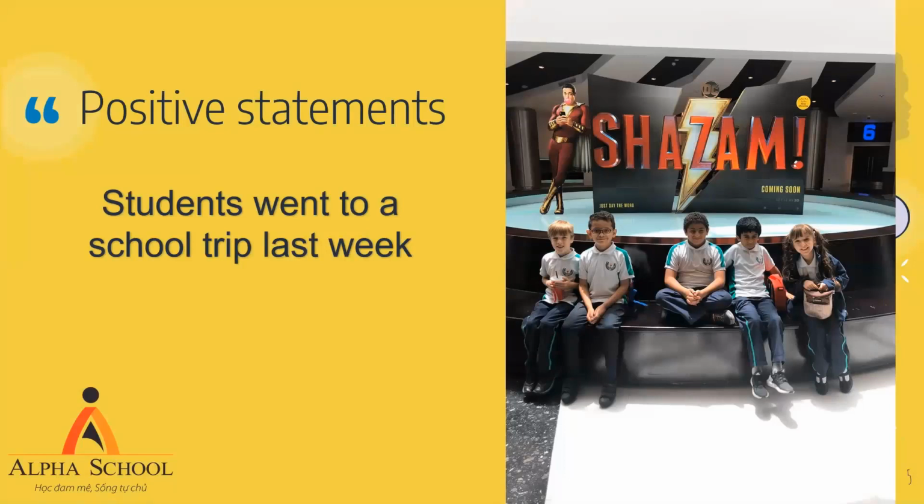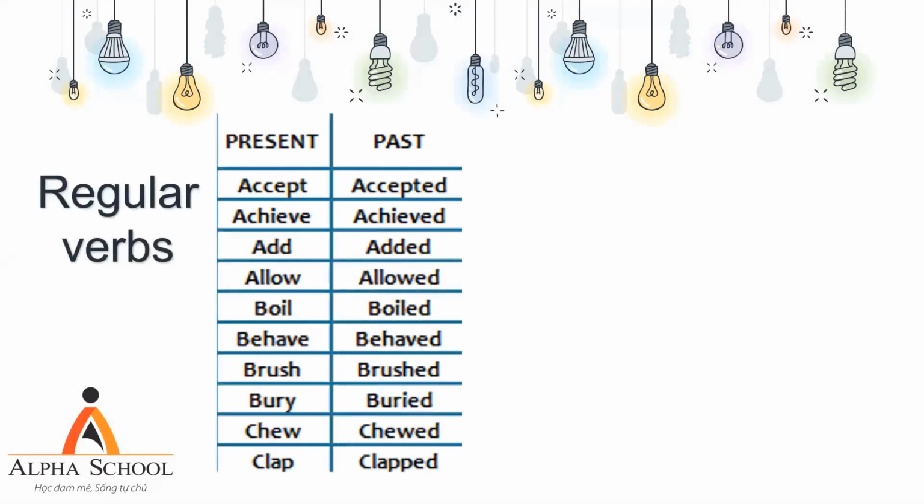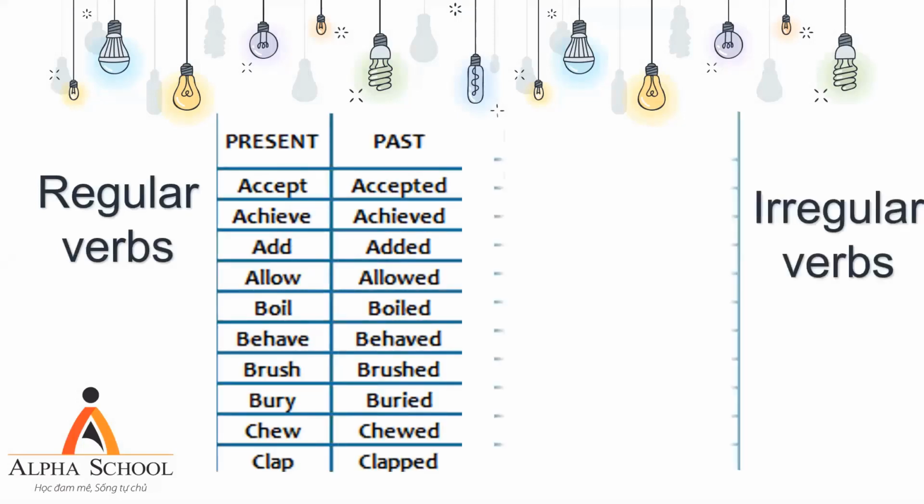And from the example, we can conclude the structure to form a positive statement using past simple tense like this. First, as always, you need a subject and then plus a verb in past tense. So, how to form verbs in past tense? Normally, verbs in past tense are divided into two kinds: regular verbs and irregular verbs.